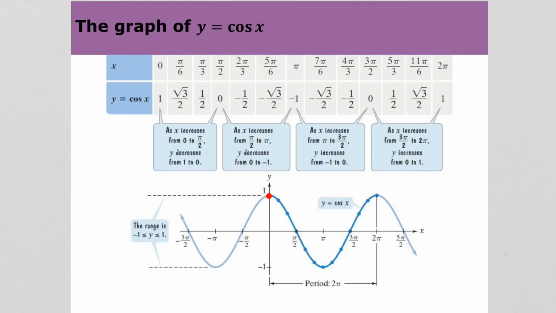The next point would be pi over 6, square root of 3 over 2, and that is, I think, approximately 0.866. Don't quote me on that, though. And then pi over 3, 1/2, pi over 2, 0, and so forth. Just going around the unit circle to roll out cosine.